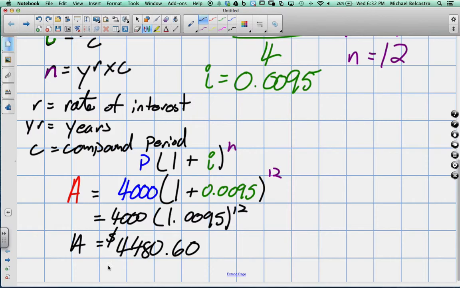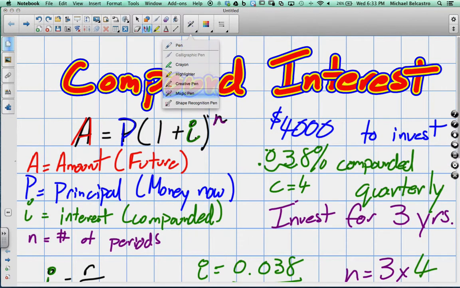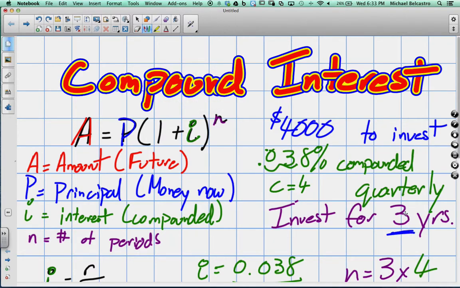So that's how much money we'll have in the future. Now, here's another question to go along with this. Let's say instead of an amount I want to invest, so our principal, we'll assume everything else is the same. Let's say I just decided, in 3 years, I know I have this bank account that earns 3.8% interest.